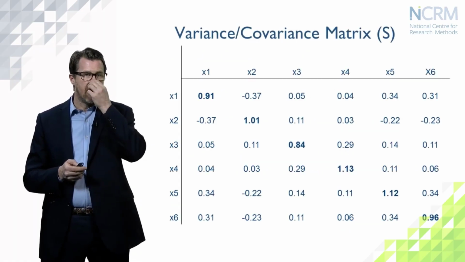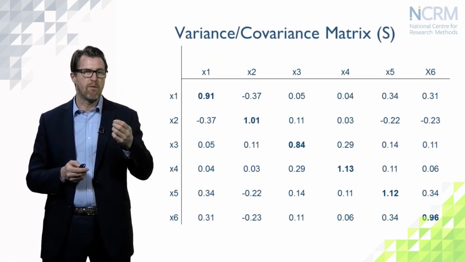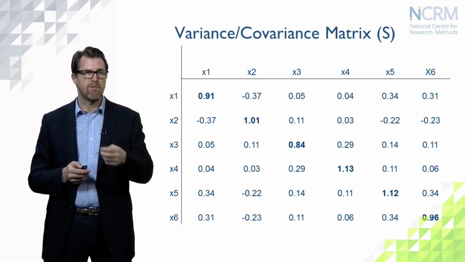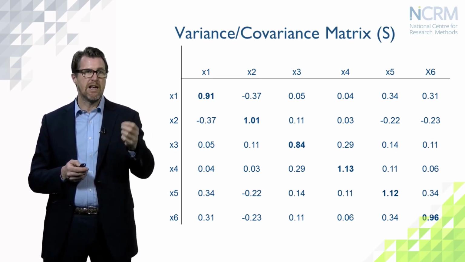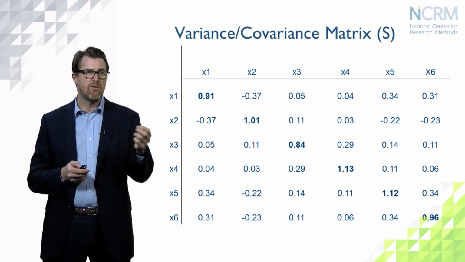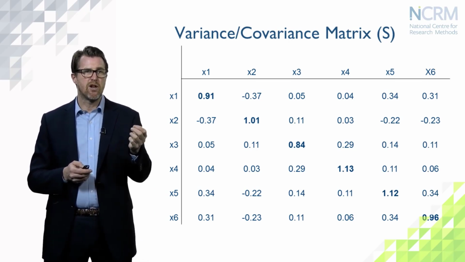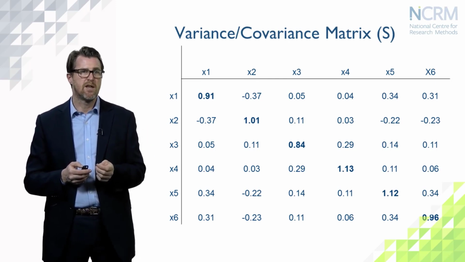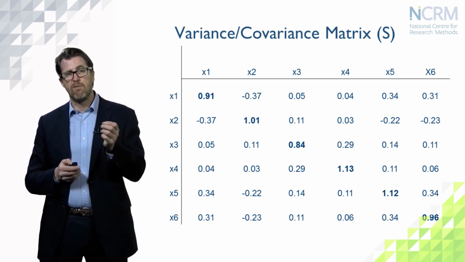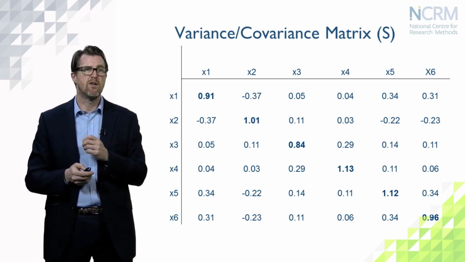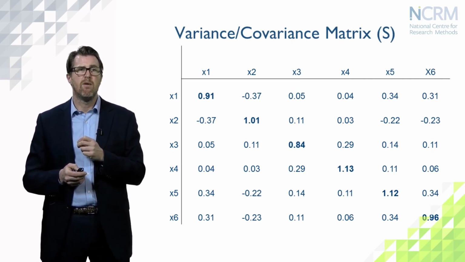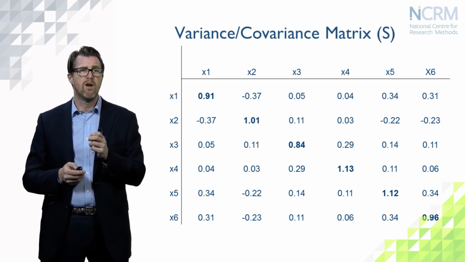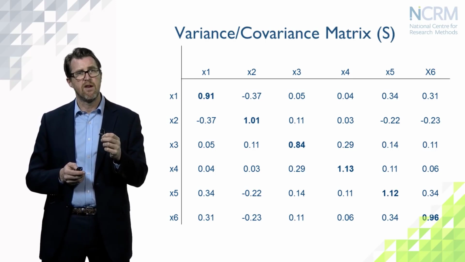A variance-covariance matrix: probably most people will be more familiar with a correlation matrix, but here we're dealing with unstandardized variables, and this matrix shows 6 observed variables, x1 to x6, and they are in both the columns and the rows of this table. And the diagonal, which is shown in bold, indicates the variance.